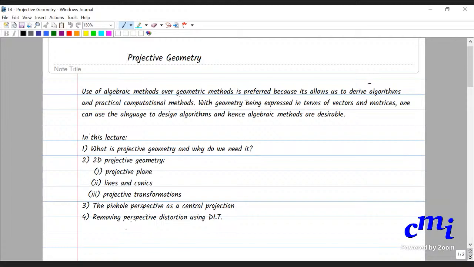Like in the 3D coordinate geometry that you studied so far, or Euclidean geometry, in the postulates there will always be a special postulate for parallelism, right? What projective geometry does is it tries to get rid of this extra postulate. So you don't have to keep on making a special case of parallel lines. That's what projective geometry does.